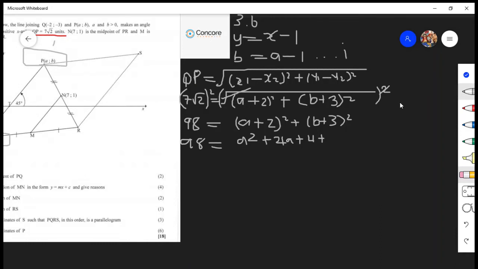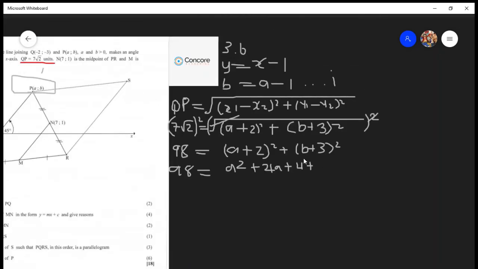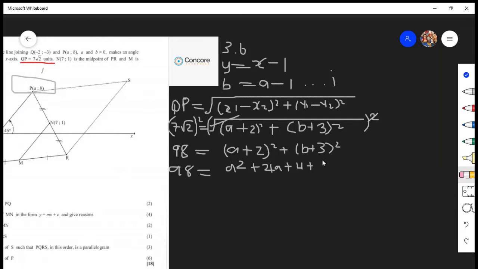We can now actually substitute that value of b into this equation. So we can have plus, now b is equal to a minus 1. So we just put a minus 1 plus 3 squared.